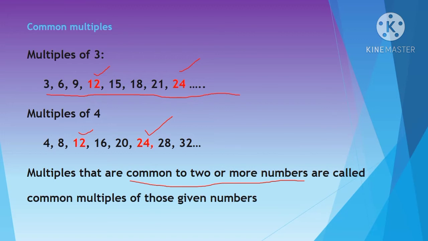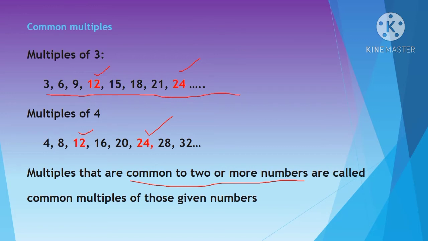So multiples that are common to 2 or more numbers, if they have common multiples, their factors we will divide and find out, right? Then we will find out which factors are common and write it down. First you write down the multiples, then you check whether you have common multiples or not.